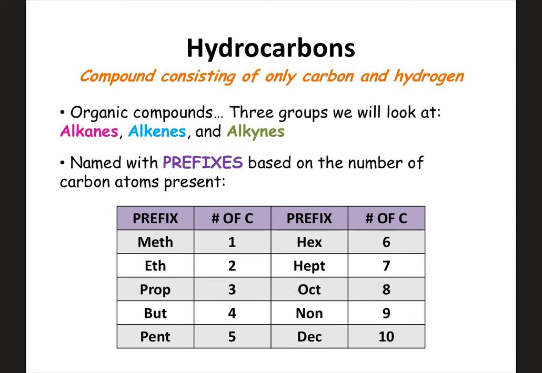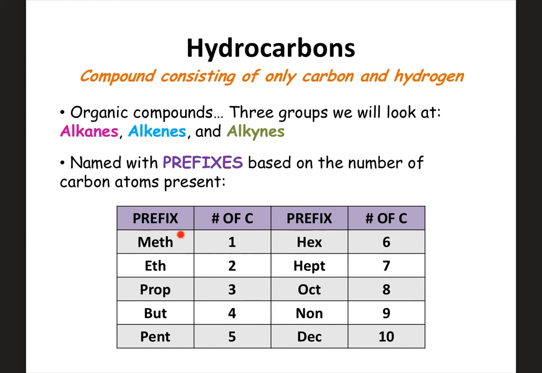We should already be familiar with naming some of these basic organic compounds. We've already done this: the alkanes, the alkenes, and the alkynes. So this is just going to be a quick review. Remember, we're naming them with prefixes based on the number of carbon atoms present. The prefixes are close to the prefixes you would use for covalent naming, but realize the first four are different from covalent naming.